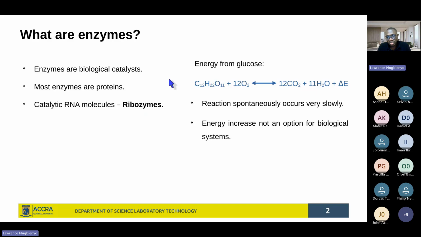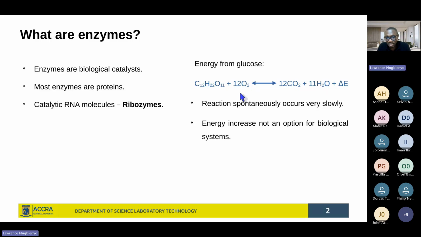So we'll see that it is because of the action of enzymes that you can have such a reaction occurring very fast in the body. The moment you take in sugar, within a couple of seconds the sugar gets into your bloodstream, gets to the cells, and is quickly broken down and gives you energy because of the action of enzymes.